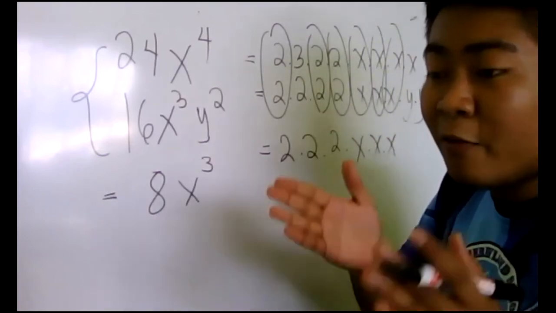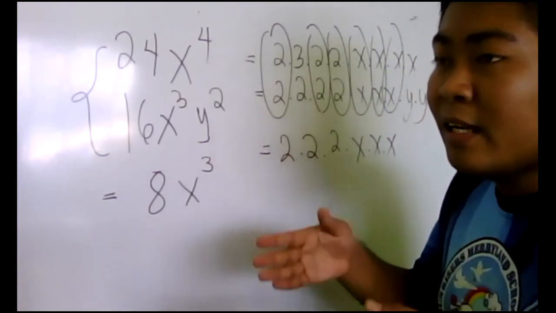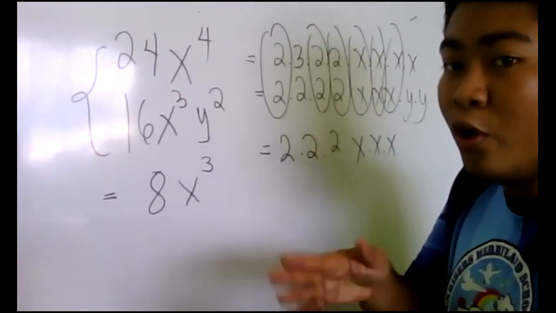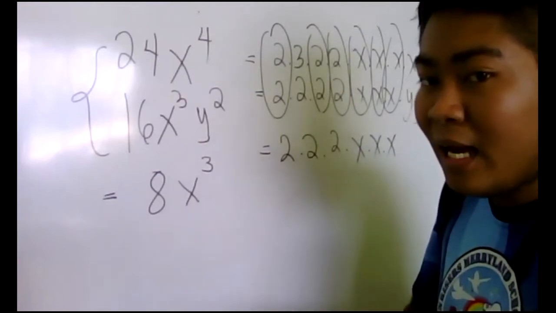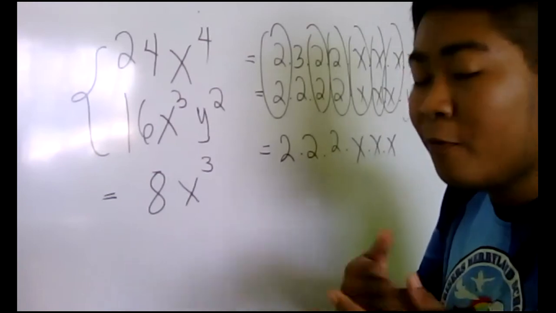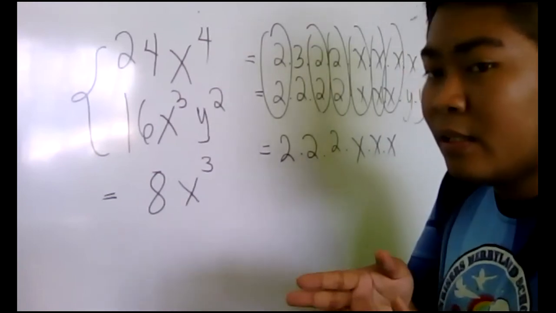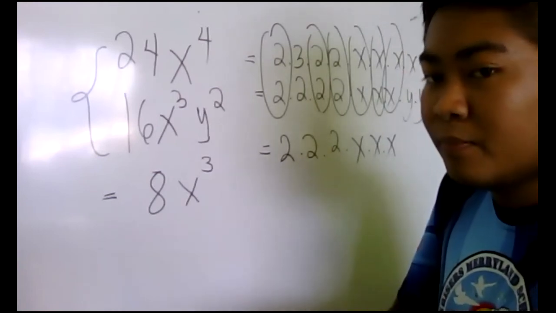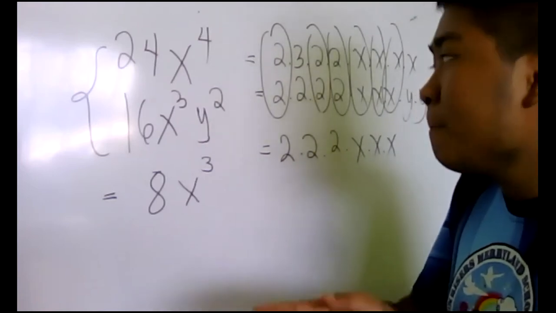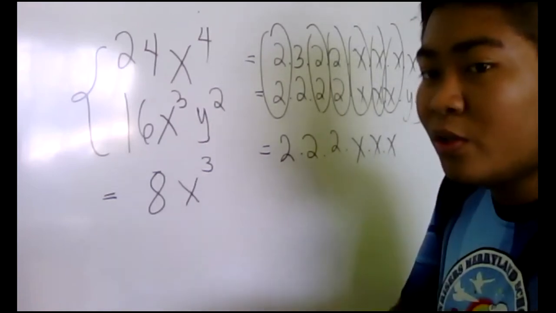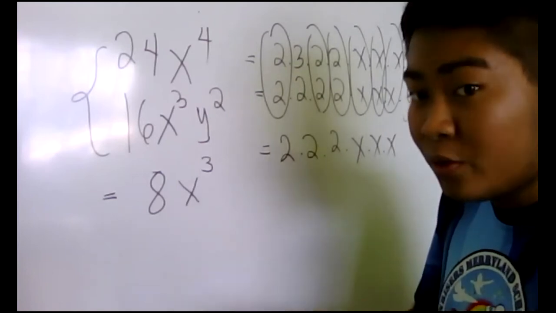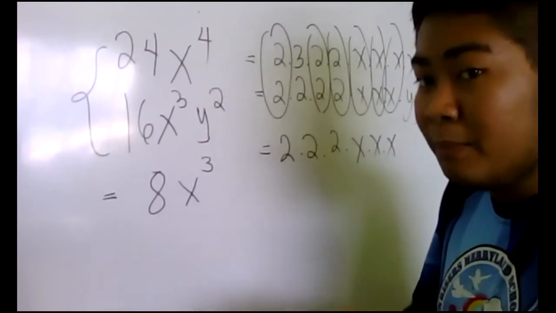In other words, ang factoring is just like getting the common or kaparehang factor ng each term. So ulitin ko lang, it is the common or kapareha na factor ni term.